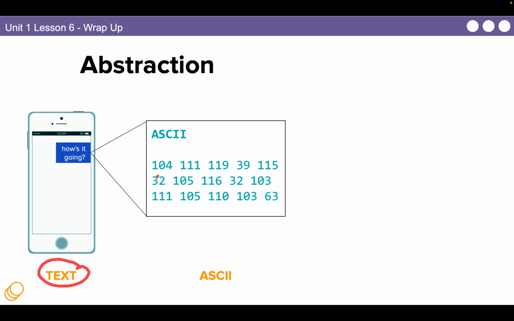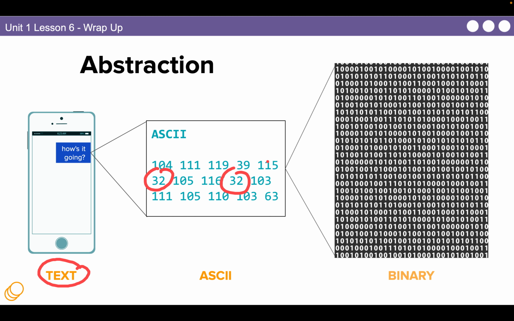See, there's the 32 for the space in this message. But really, ASCII is not what's stored in the computer, is it? The 8-bit binary equivalent of each of these numbers is stored in the computer. That's not really what it looks like. We could find out if we wanted to by storing each number side by side.